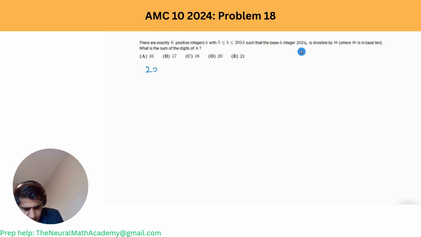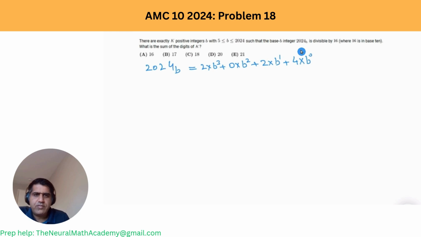So we have 2024 in base b, that is equal to 2 multiplied by b to the power 3 plus 0 multiplied by b to the power 2 plus 2 multiplied by b to the 1 plus 4 multiplied by b to the power 0. And we are already told that this number is divisible by 16, or I can write it as equal to 16x.